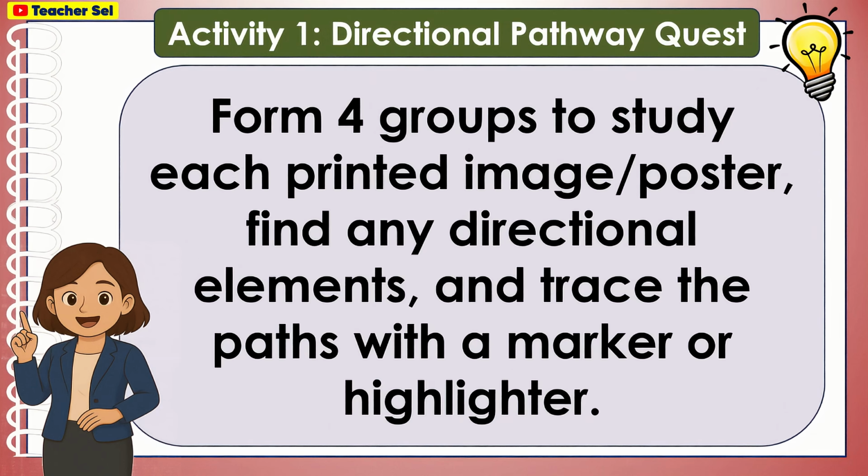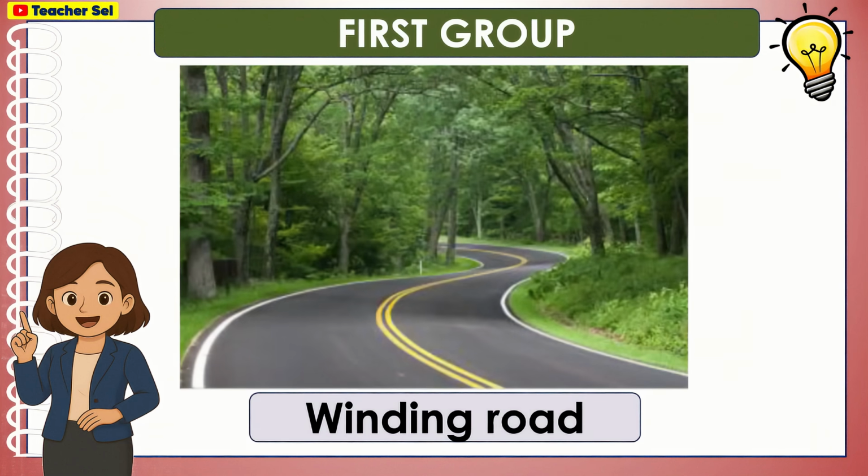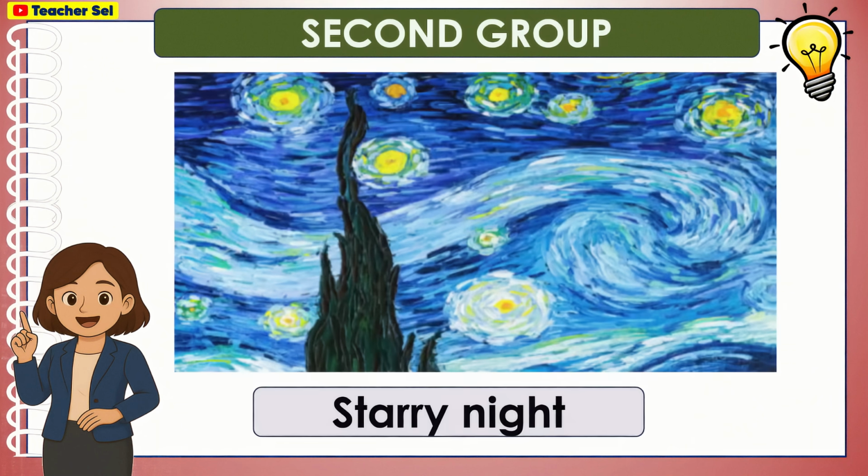Activity 1, Directional Pathway Quest. Form 4 groups to study each printed image or poster. Find any directional elements and trace the paths with a marker or highlighter. First group, Winding Road. Second group, Starry Night.